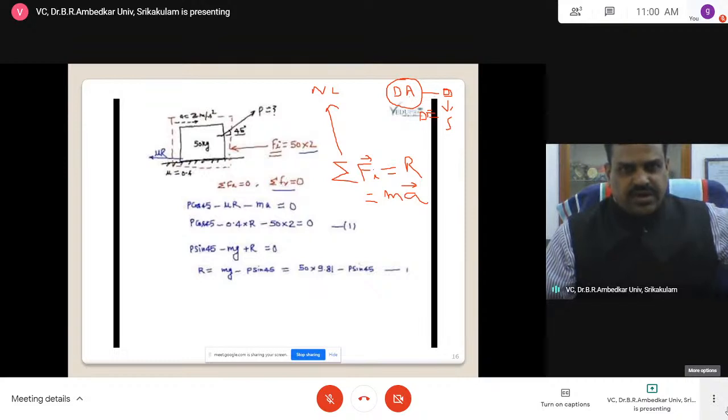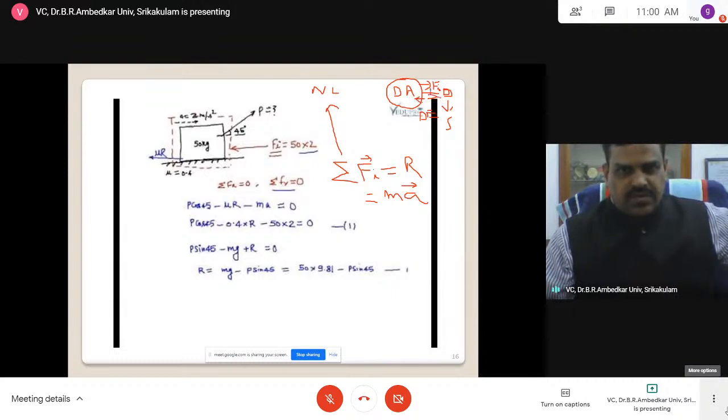When you are converting a dynamic problem to a static problem, because this body is moving with an inertia force F I, to keep this body in equilibrium, this inertia force you have to apply in the opposite direction.